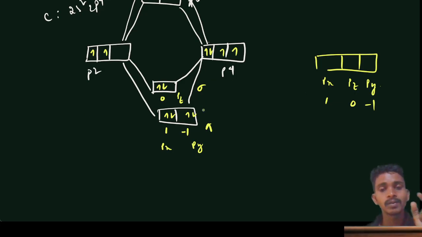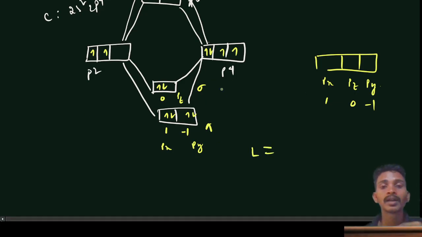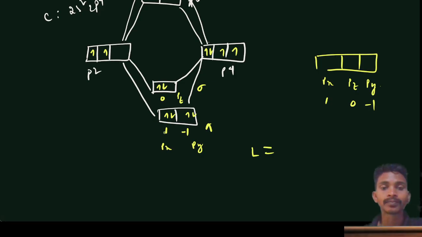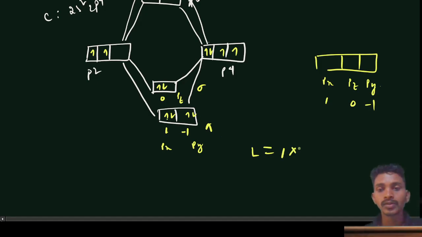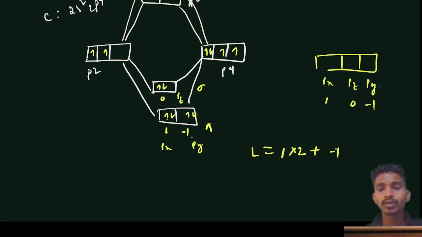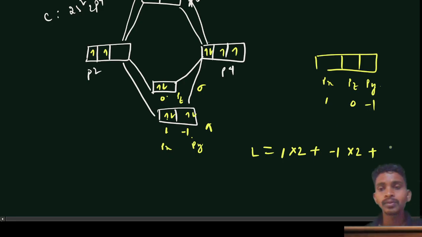Okay, so now we will calculate the L value. So this is 1, how many electrons? 2 electrons, plus this is minus 1, 2 electrons. And this is 0, 2 electrons.